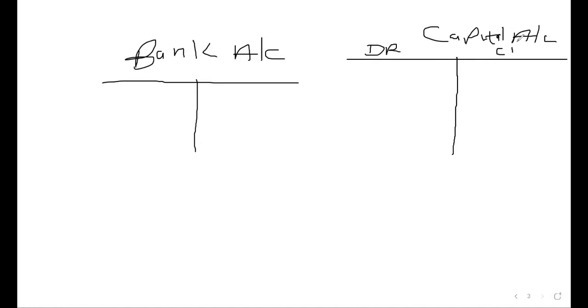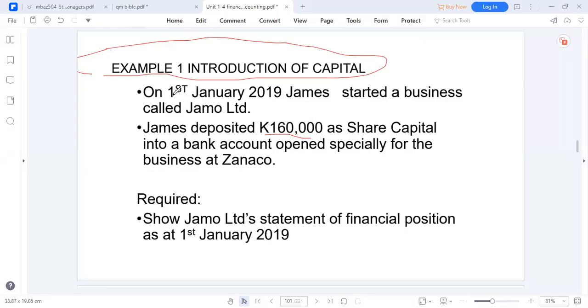We'll show this one just now so that you see what is going on. As you can see here, it says on 1 January 2019, James started a business called Jamo Limited. James deposited how much? 160,000 as share capital into the bank account.